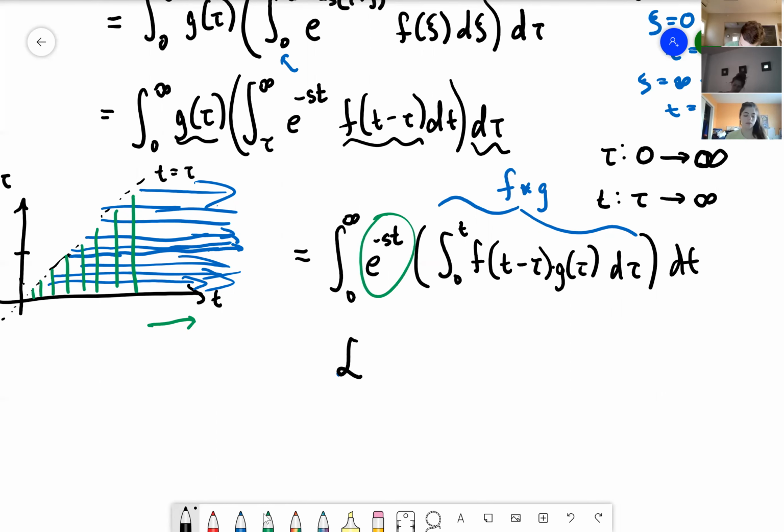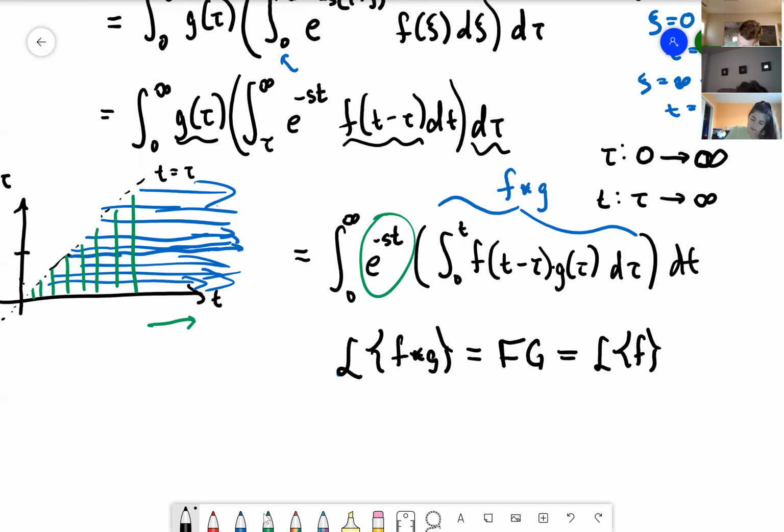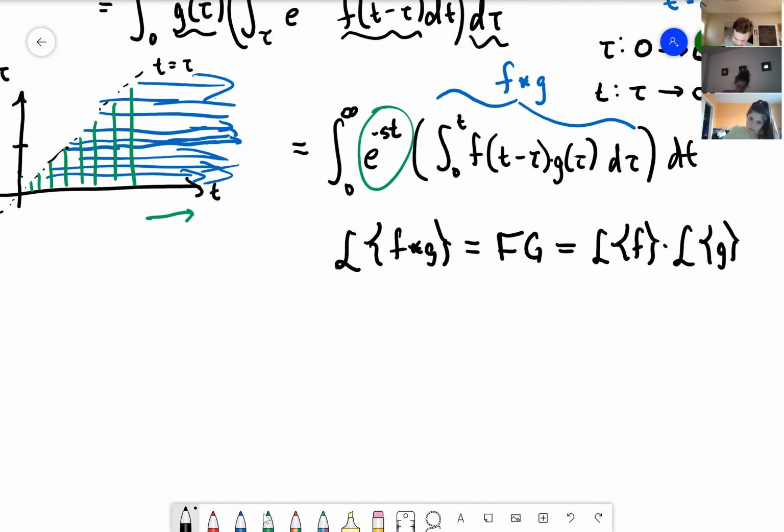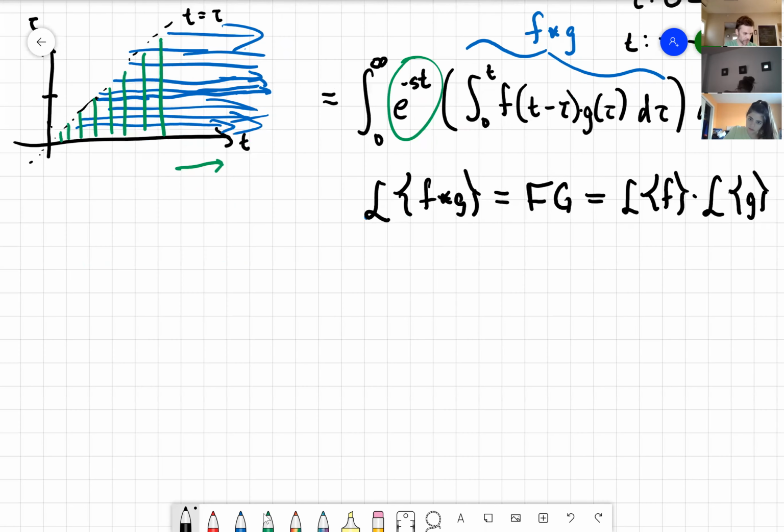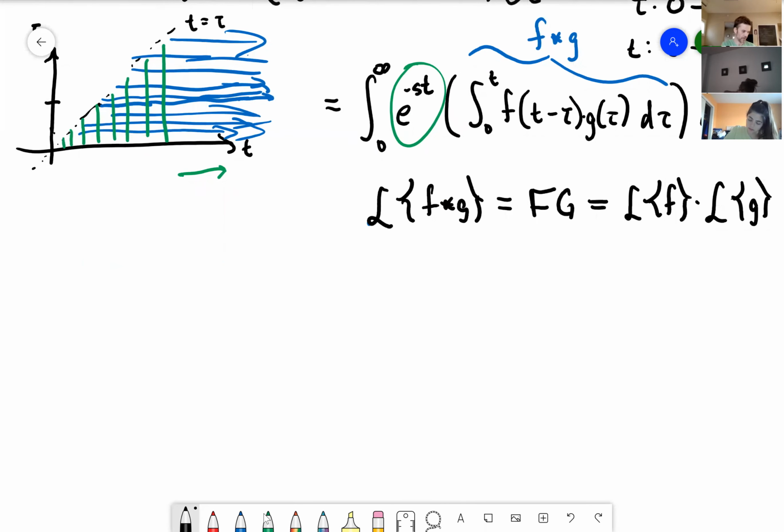So of course, this is the Laplace transform of f star g, which, as we said, was equal to the Laplace transform of f times the Laplace transform of g. And that's the big theorem. So we'll write this up as a theorem, and we'll call it the convolution theorem.